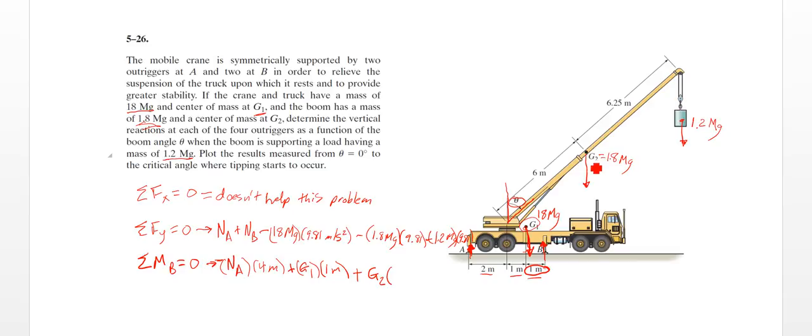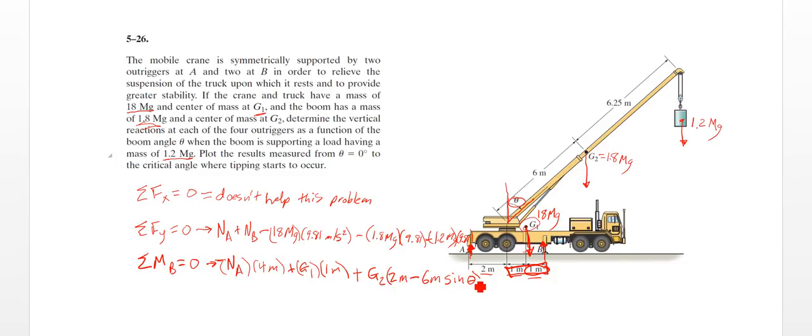So it's going to be how far from this point to B. We have 1 meter plus 1 meter, so we're going to have 2 meters minus, what's our x displacement here? We're going to have 6 meters times the sine of theta. So when theta is 0, sine of theta is 0, so this part goes away and we have a positive moment.